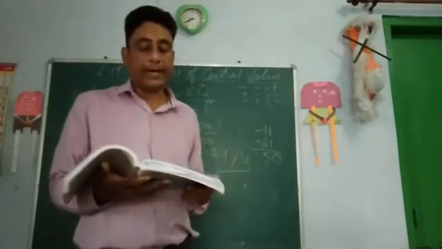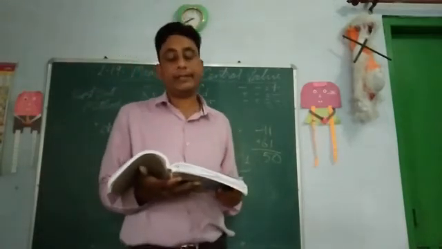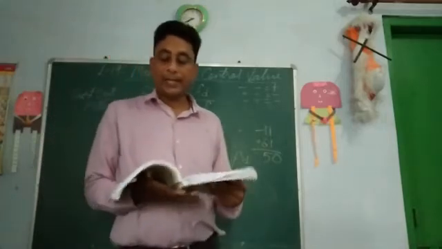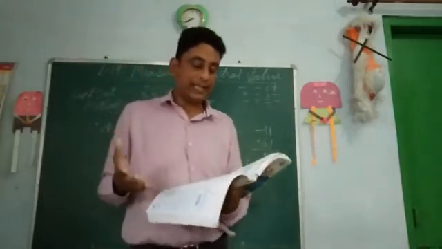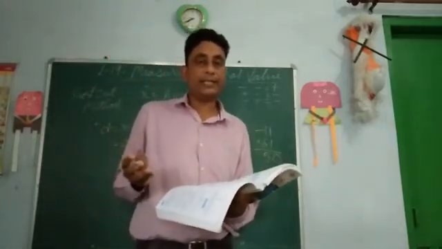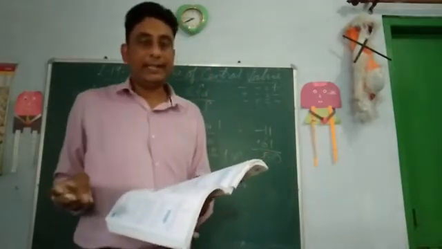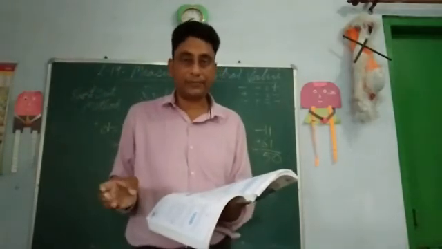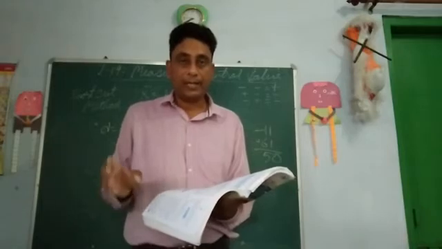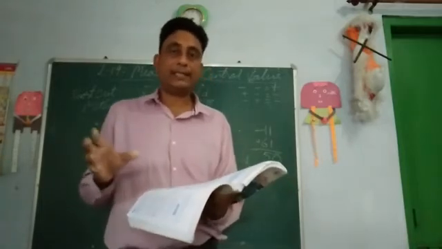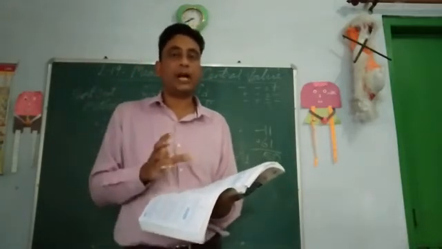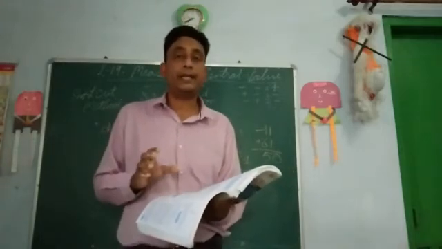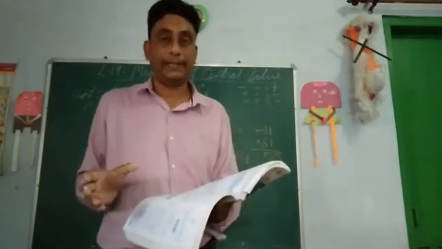Next is the calculation of arithmetic mean in a continuous series, that is, the frequency distribution series. Now there are different series: individual series, discrete series, continuous series. Three types of series. In all these three series we will see how to take out arithmetic mean by the shortcut method and the direct method.